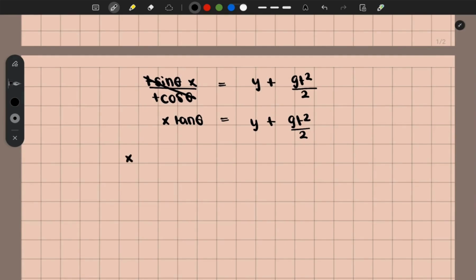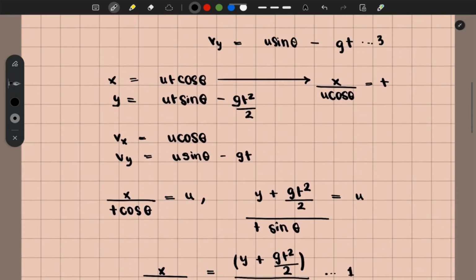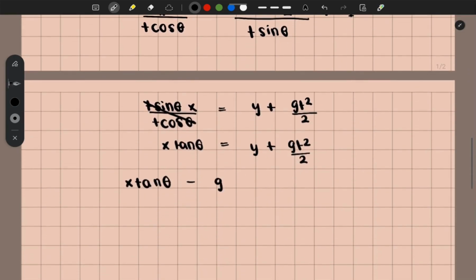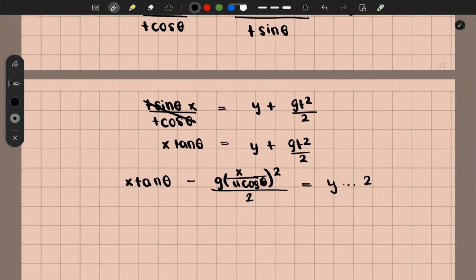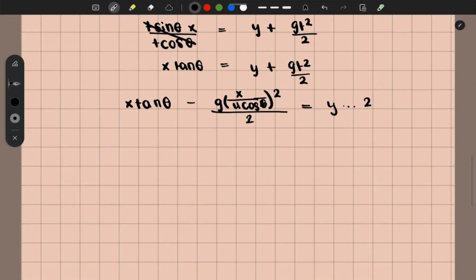So this just becomes x tan theta minus g t square. So g t square is just x over u cosine theta. So now that we have that equation, we can simplify it further.